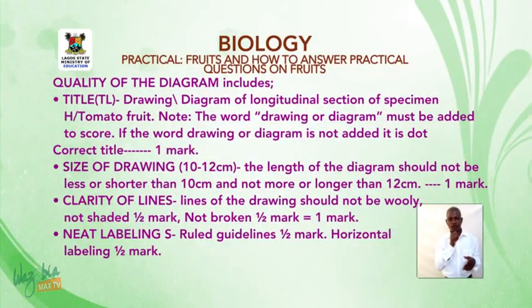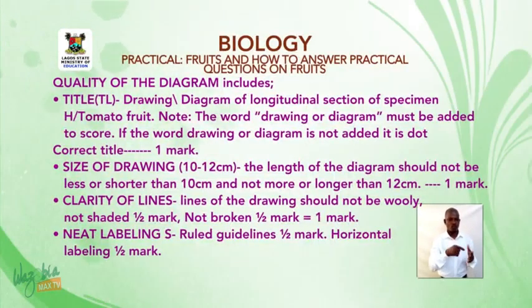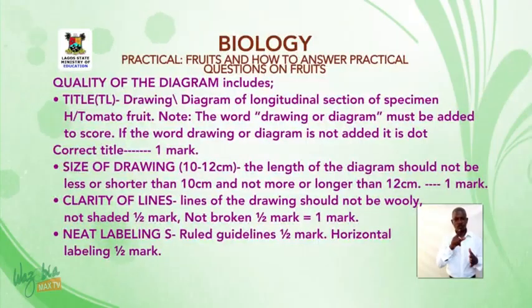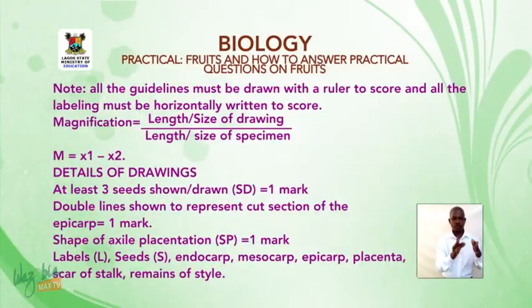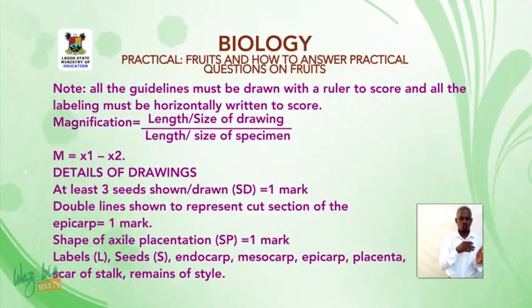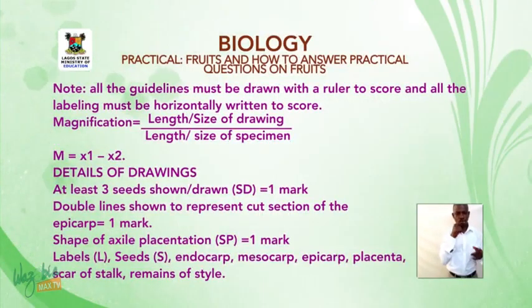Half mark. Not broken. Half mark, giving us 1 mark. Neat labelings. Ruled guidelines, half mark. Horizontal labelings, half mark. Note: all the guidelines must be drawn with a ruler to score, and all the labelings must be horizontally written to score.